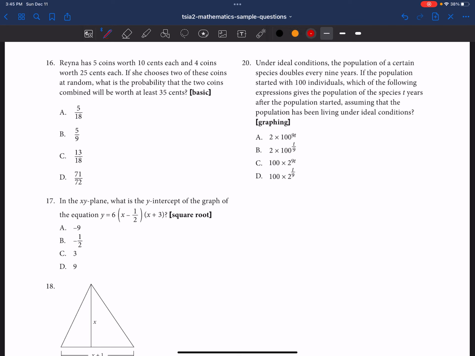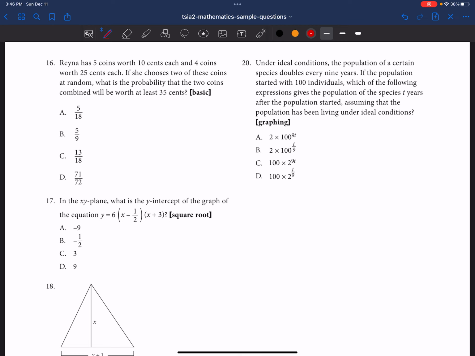Okay. Number 16. Raina has 5 coins worth 10 cents each and 4 coins worth 25 cents each. If she chooses 2 of these coins at random, what is the probability that the 2 coins combined will be worth at least 35 cents?